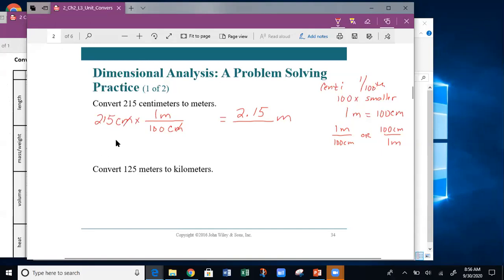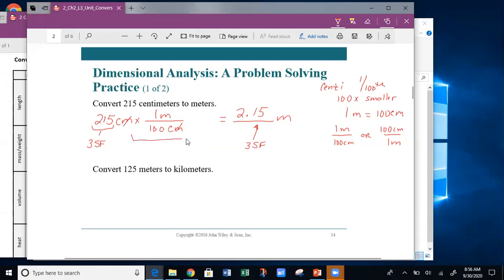So now we have to talk about dreaded significant figures. With unit conversion problems, we will always look at how many significant figures are in the first number, and that's how many we have to express our answer to.